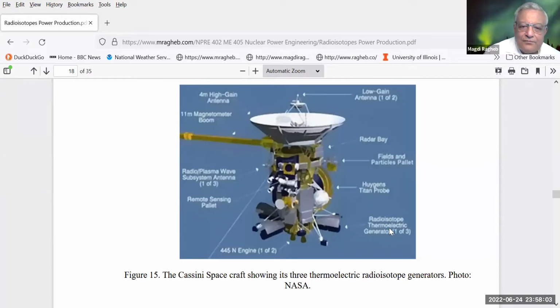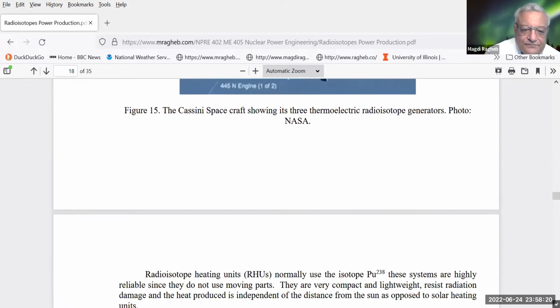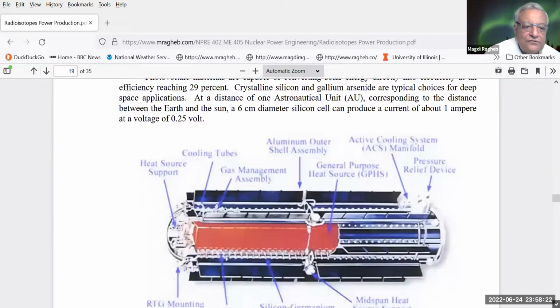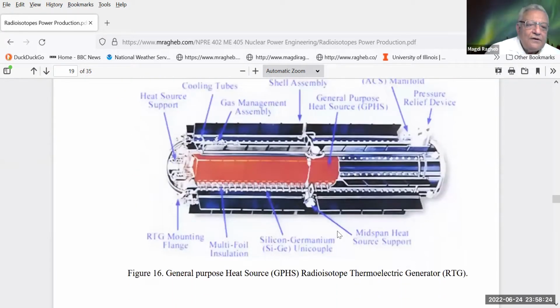Notice because plutonium-238 used by NASA also produces gamma radiation, it would influence the solid state content of the instrumentation. So they're usually placed away from the bulk of where the instrumentation on the spaceship is used. Again, here this is a cutout of the general purpose heat source radioisotope thermoelectric generator.